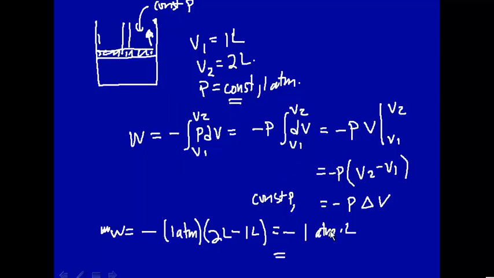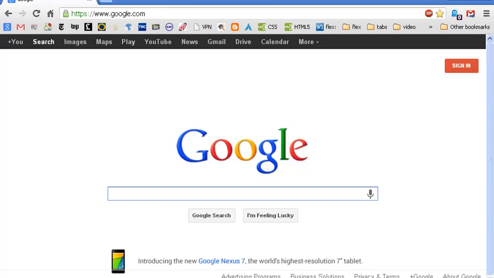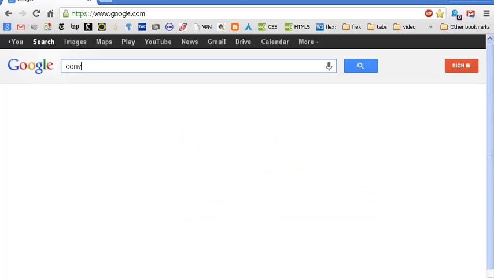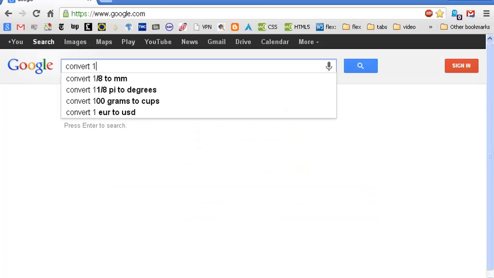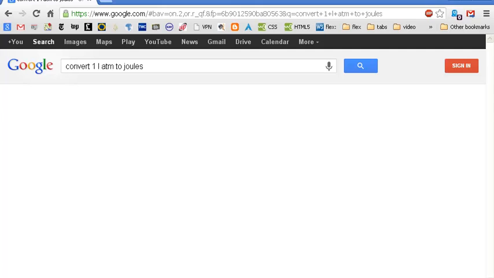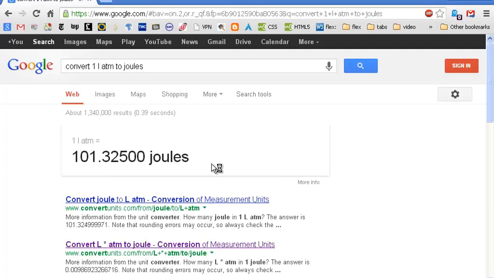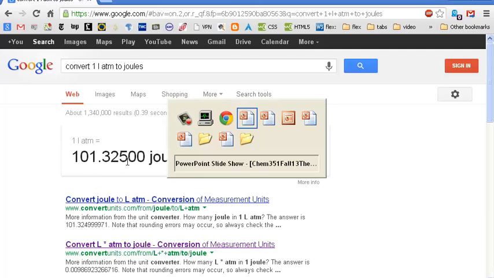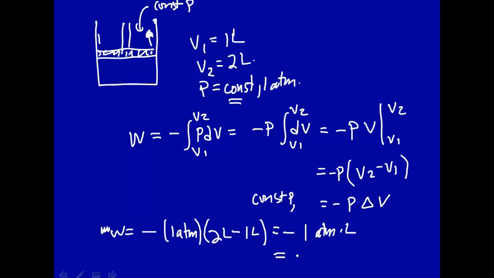So to convert this, let's go to our good friend Google, and we'll say convert 1 liter atmosphere to joules. All right. So we no longer have to think. There it is, 101 joules. So this is equal to minus 101 joules.